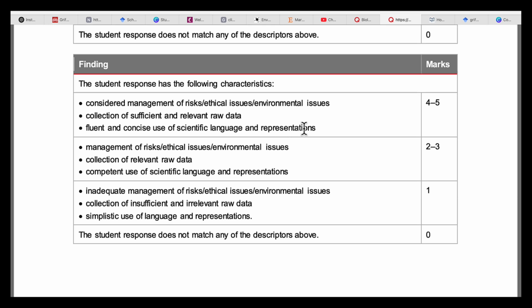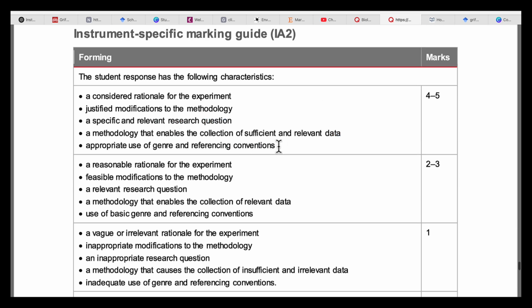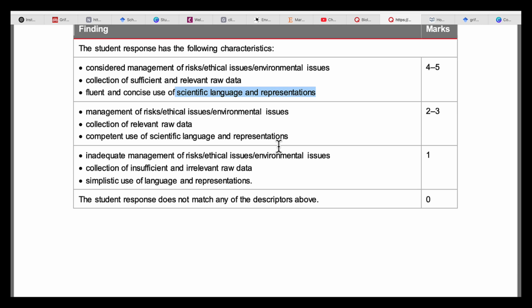Then the last thing is about fluent and concise use of scientific language and representations. Thinking about doing an ecological survey, this is when you're using the scientific names for the organisms, and you're using the appropriate genre convention, so you name the scientific names correctly, in italics.